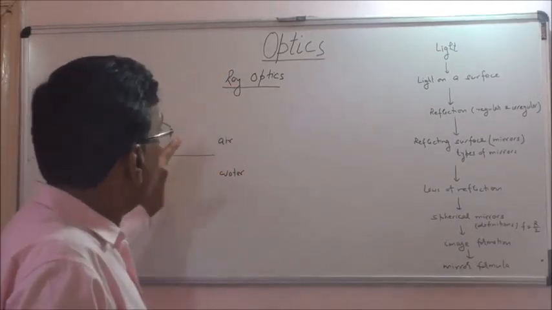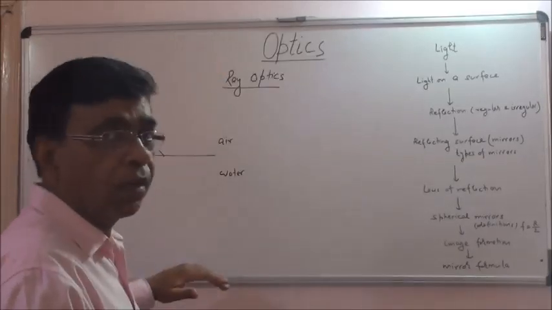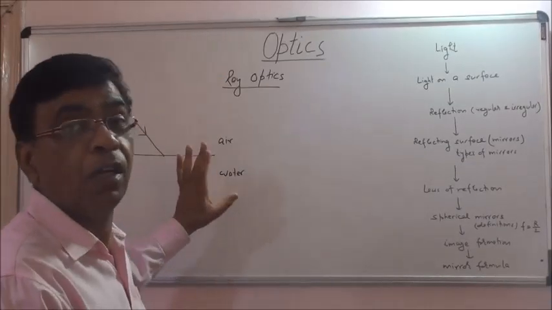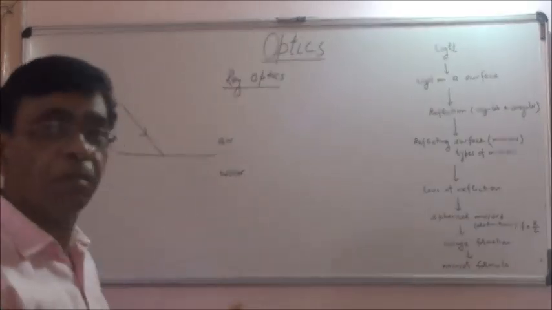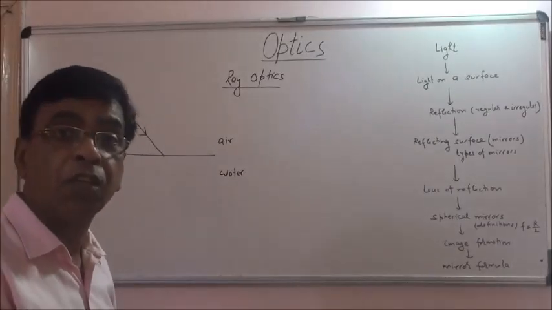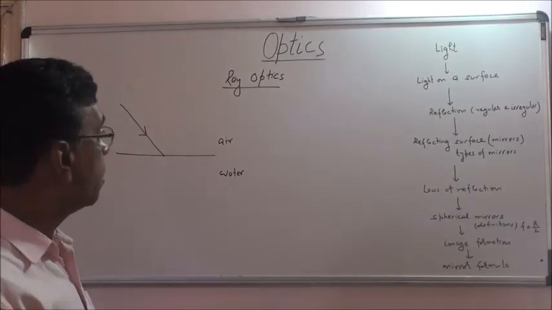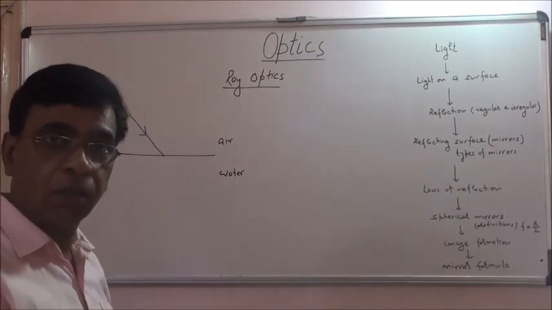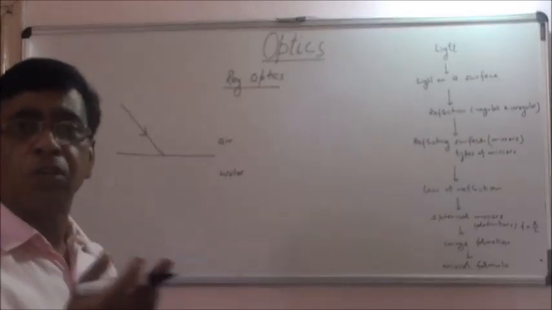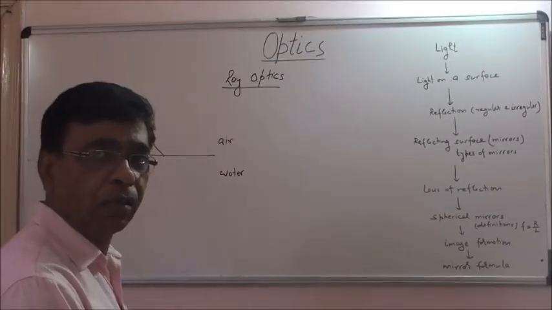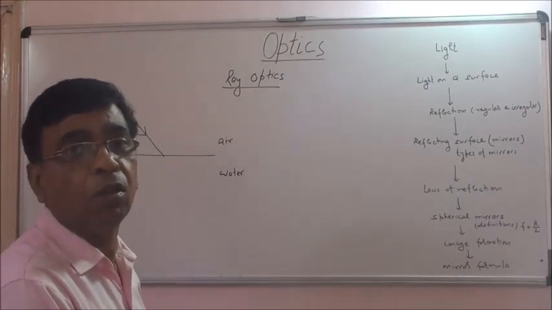Now, whether it will be reflected or refracted or absorbed, it will depend on the medium. We can make surfaces which have maximum reflection or maximum refraction or even for absorption. The percentage may vary, and depending on the application, we will have mirrors or lenses or any other medium which can absorb light.